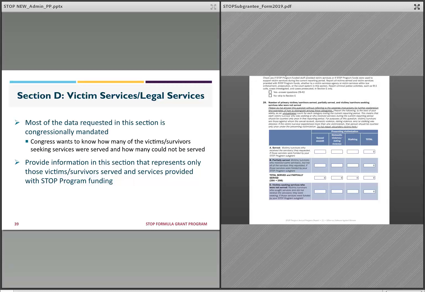Subgrantees should be sure to provide only information that represents victim survivors served and services provided with STOP program funding. The victim services numbers should not reflect all victims served by their entire agency, but only those served by STOP-funded victim services staff or services directly supported with STOP subgrant funding.